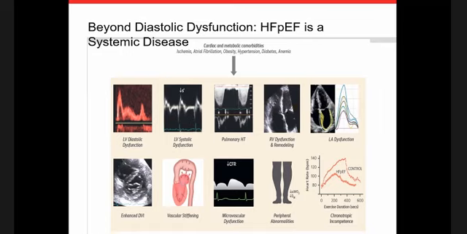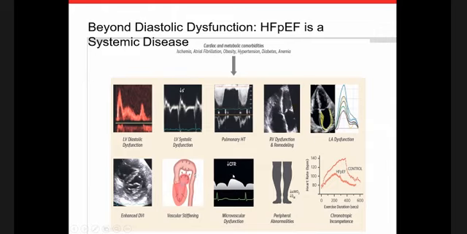And the LA enlargement is also there, which is a very common marker and which many echocardiographers use. If the left atrium is enlarged, it is a surrogate marker to say that the person has LV diastolic dysfunction. And then, of course, there's vascular stiffening, like I was talking about the aorta.